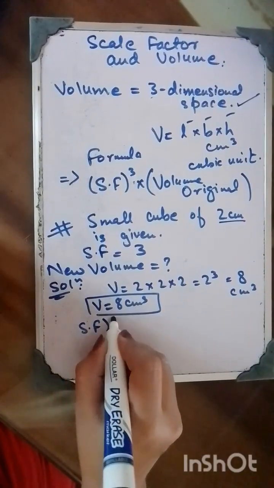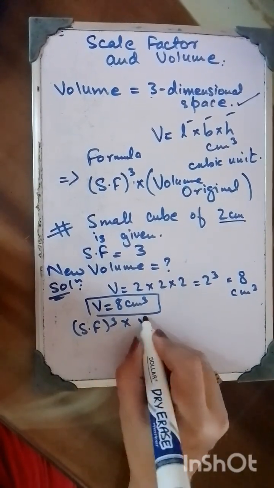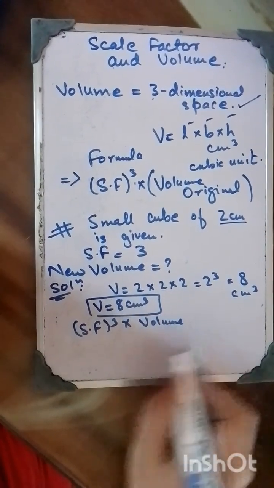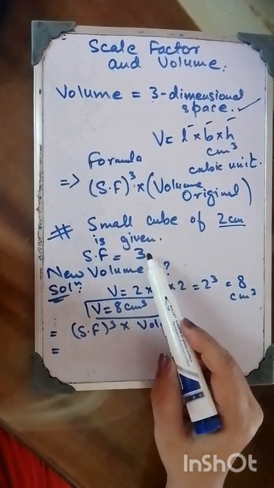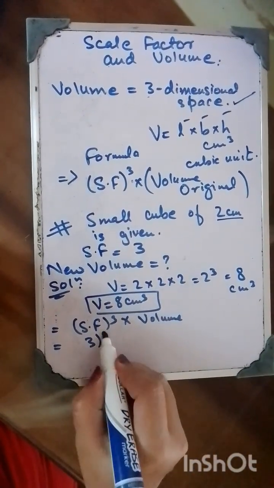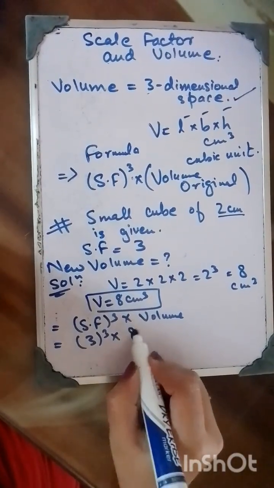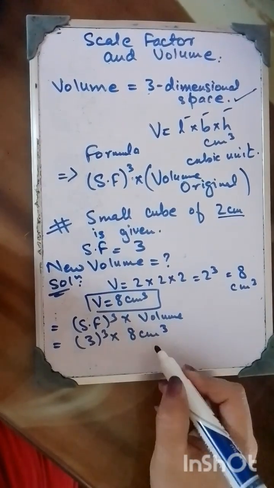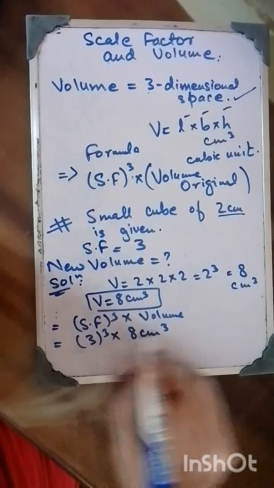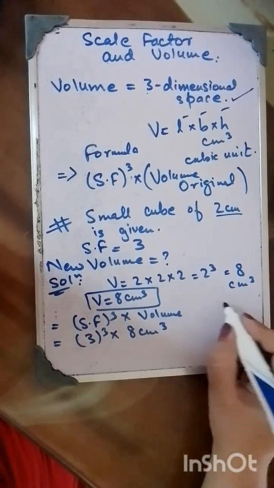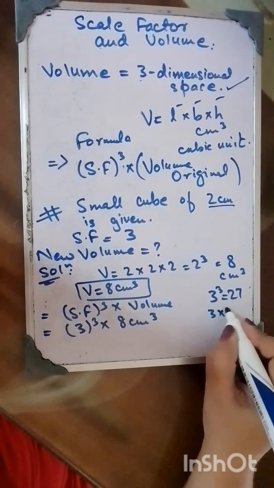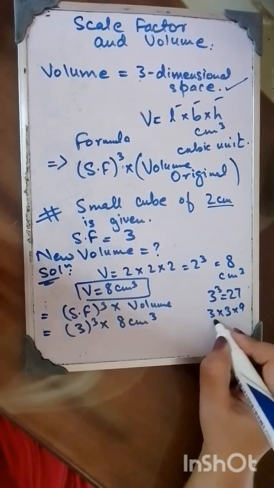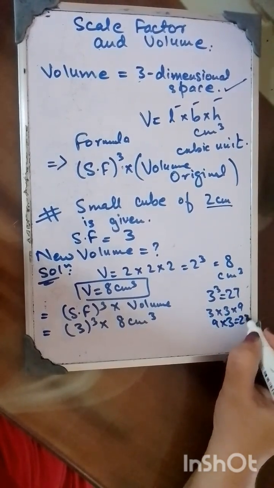Here we are going to cube the scale factor and times it with the obtained volume. Scale factor is 3. We are going to put it over here. 3 cube, 8 centimeter cube. You know that very well. 3 cube means 3 times 3 times 3. That is 27. This is how we do it.